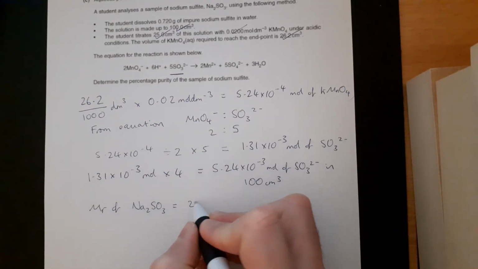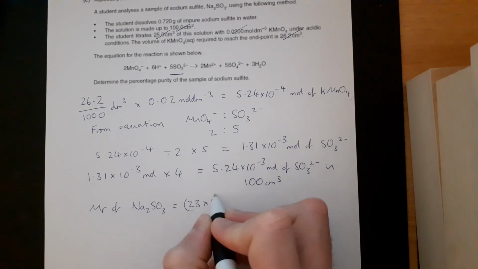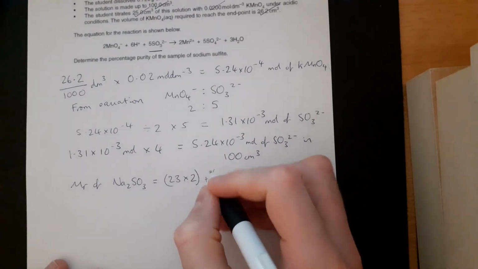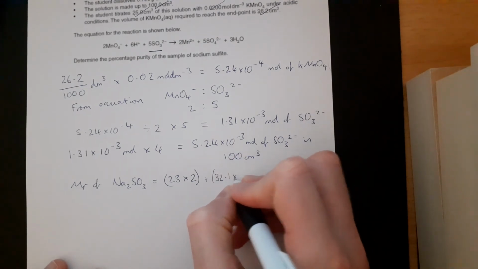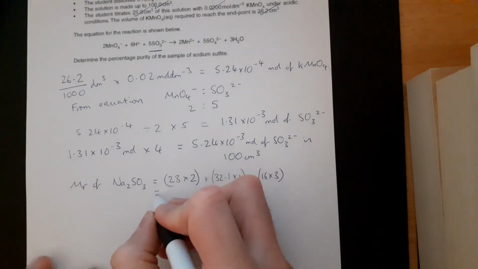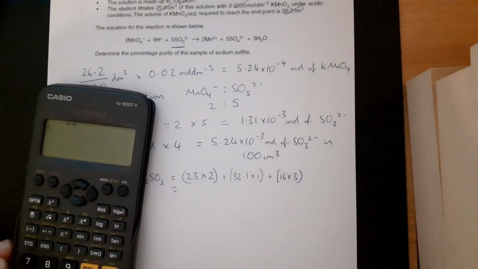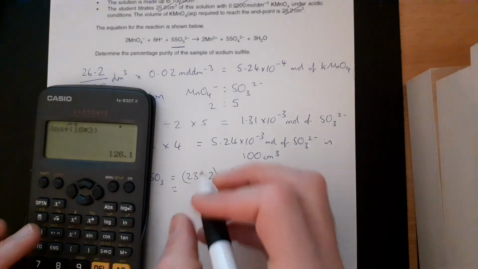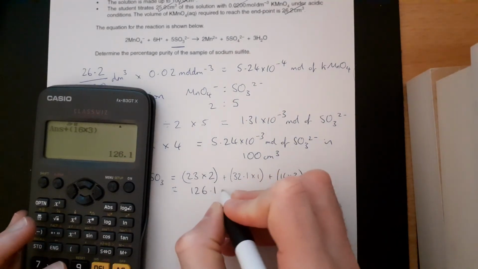So it's going to be 23 times 2. You look these up on your periodic table, right? Sulfur is 32.1. Let's work that out. So 23 times 2 plus 32.1 plus 16 times 3. It's 126.1.